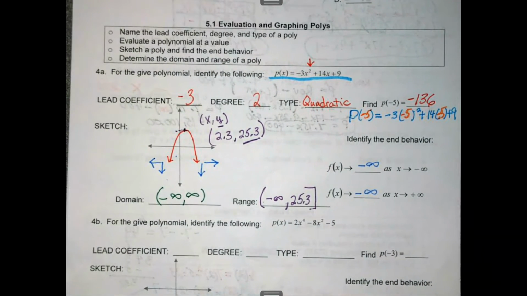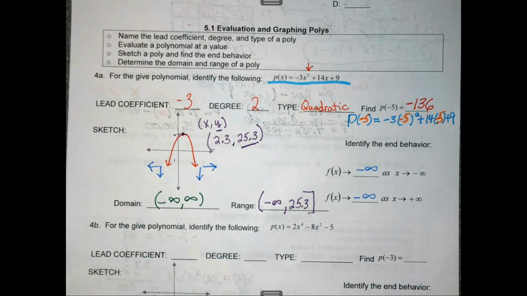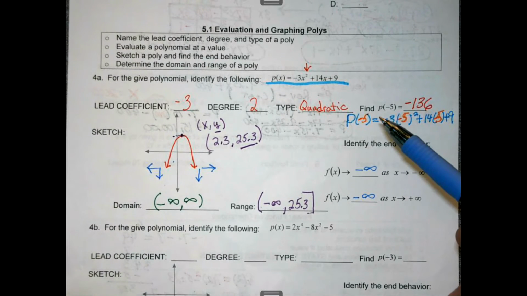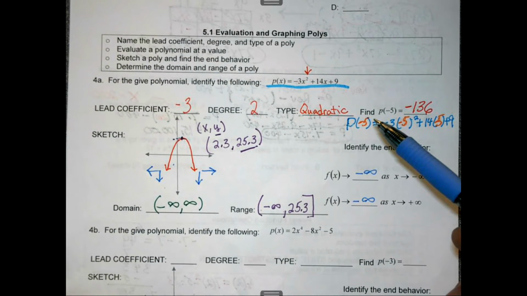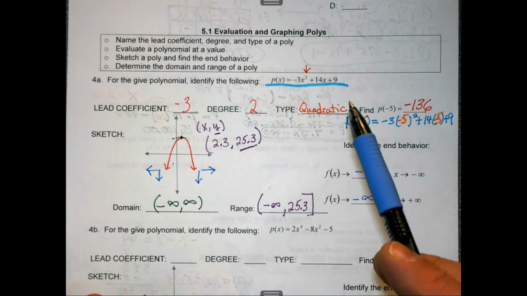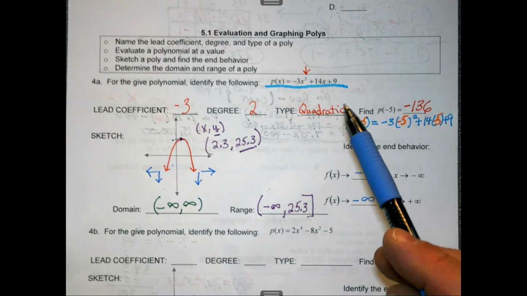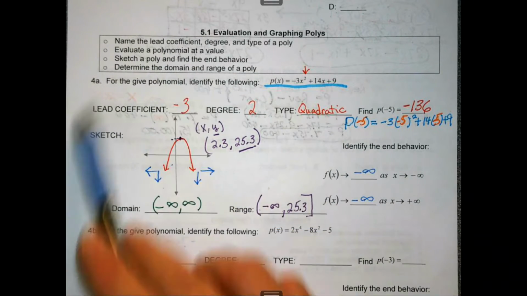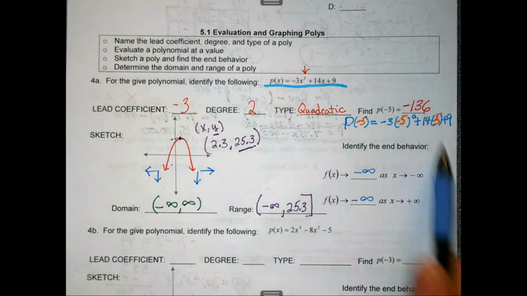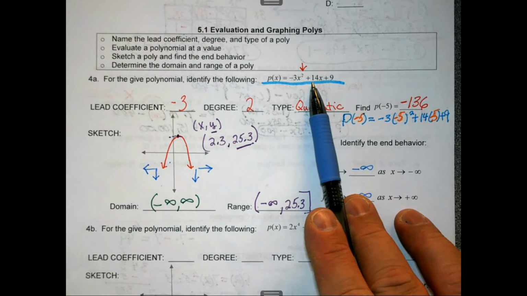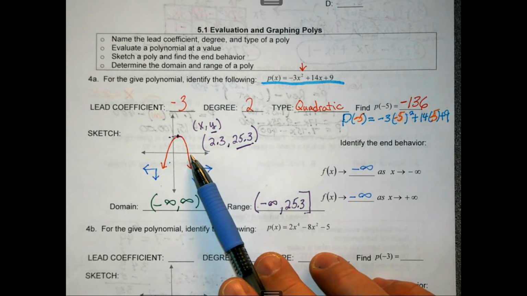Okay, for those people who are going to be in math next year, there's a couple of things in algebra that you need to get down. One of them's factoring, and the second one is this concept here. Graph a polynomial, be able to graph it, even if you're doing it in a calculator.